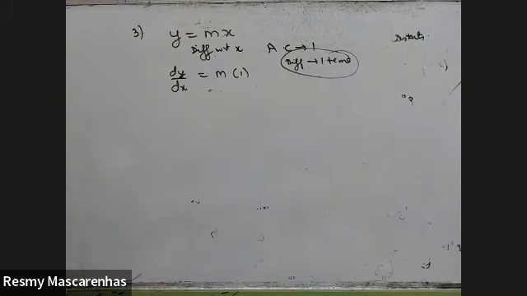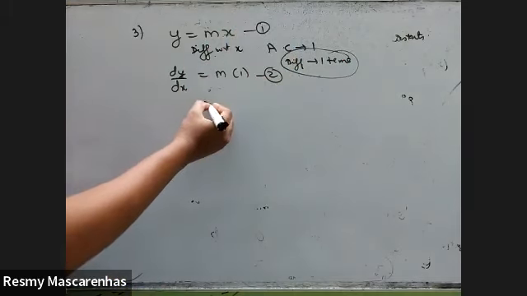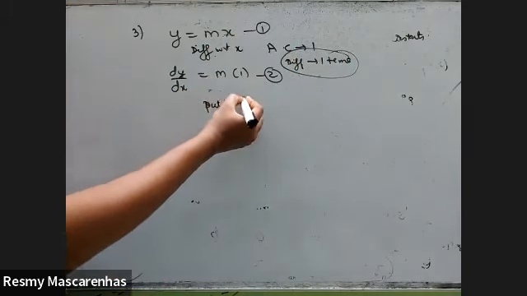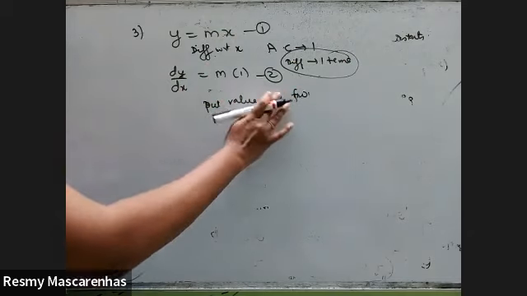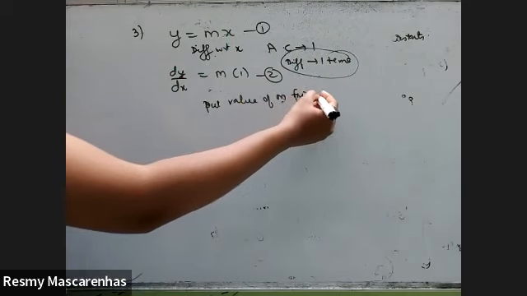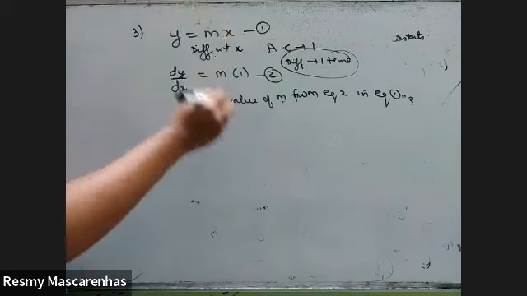So what I'll do is mark this as equation 1, mark this as equation 2, and put the value of m from equation 2 in equation 1. So just do the substitution.